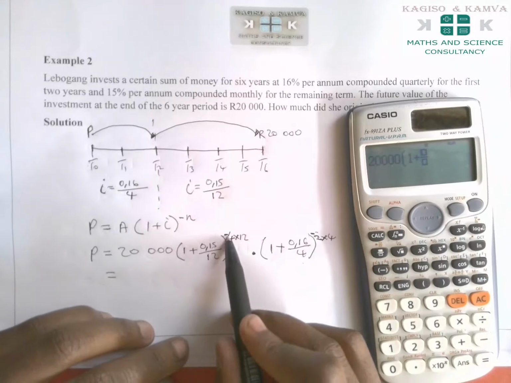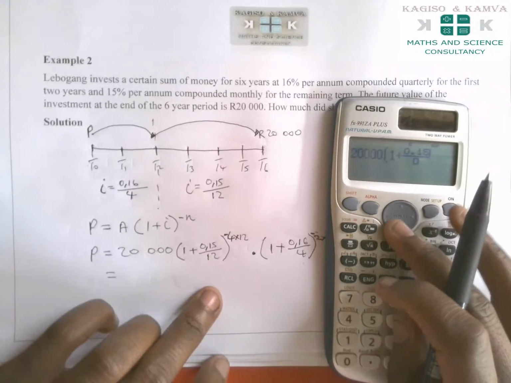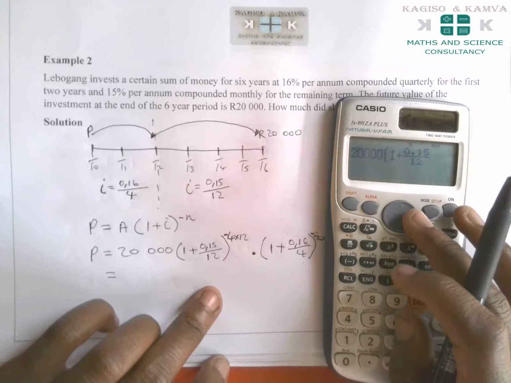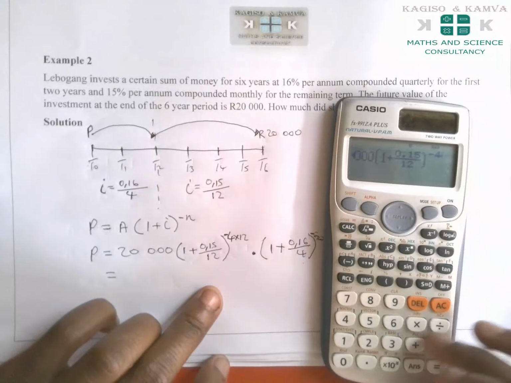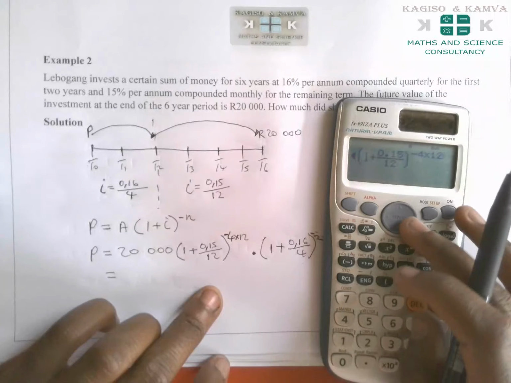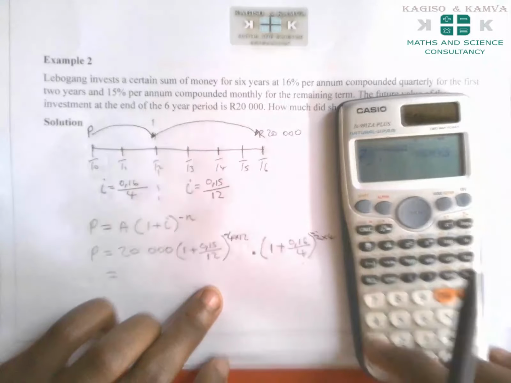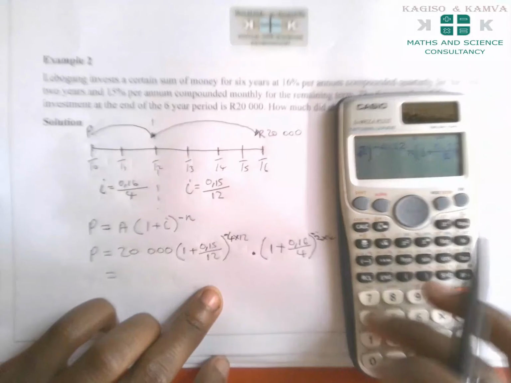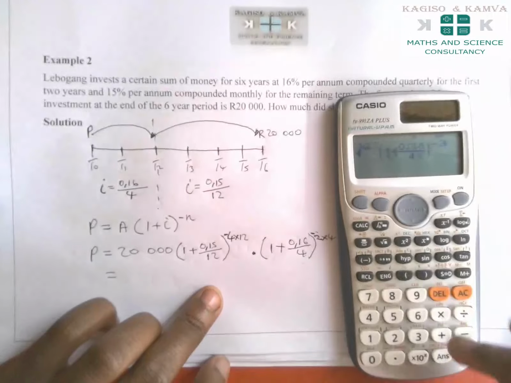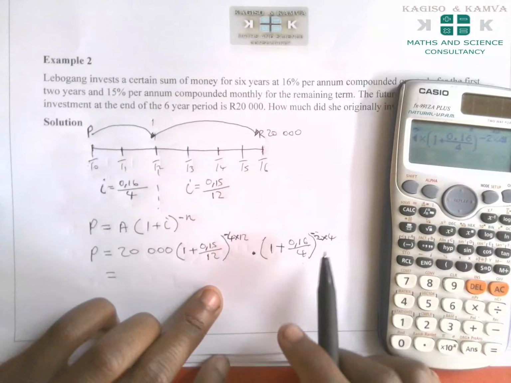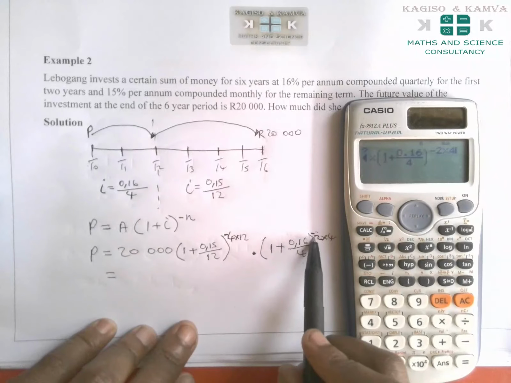This one is negative, and that one is also negative. 0.15 divided by 12 to the exponent negative 4 times 12, multiplied by 1 plus 0.16 divided by 4 to the exponent negative 2 times negative 2 times 4. Okay, the exponent is negative.